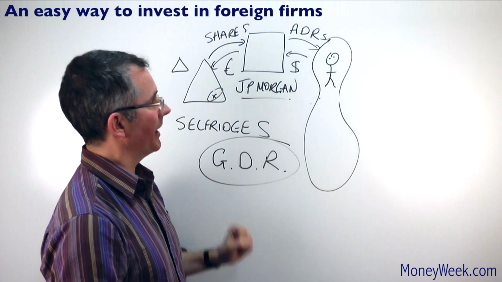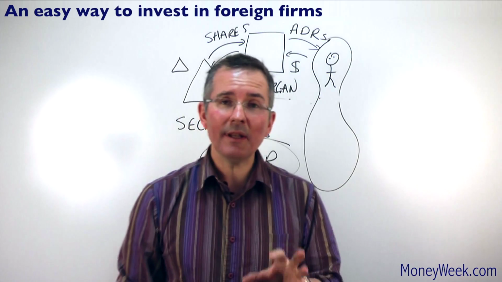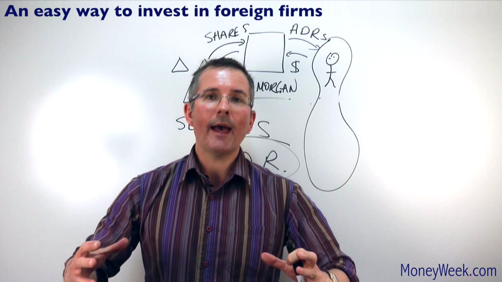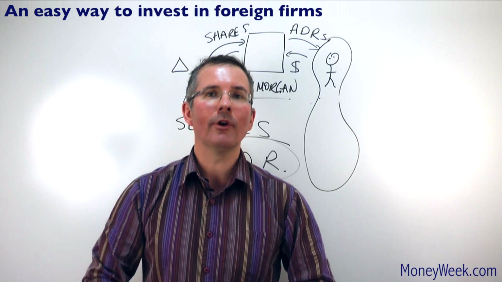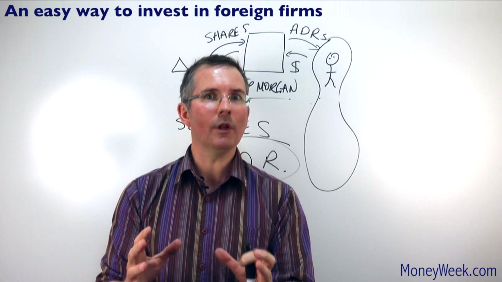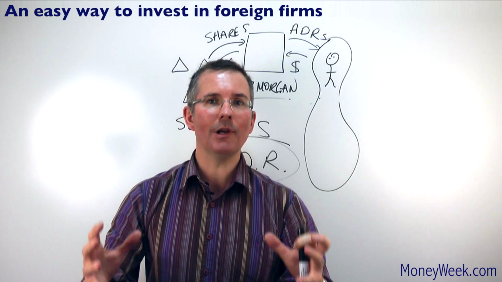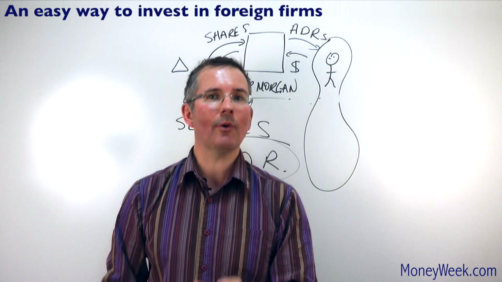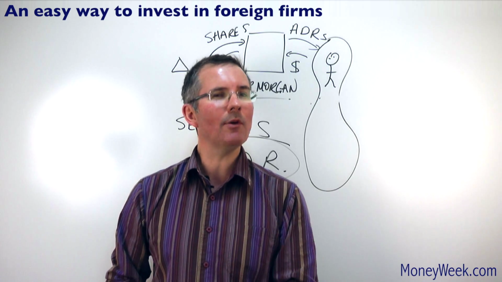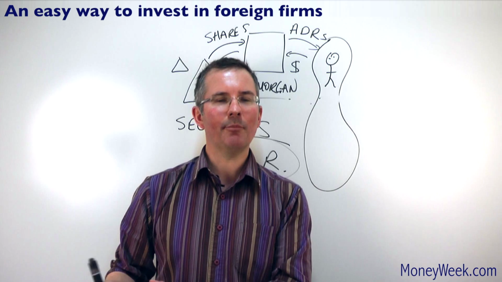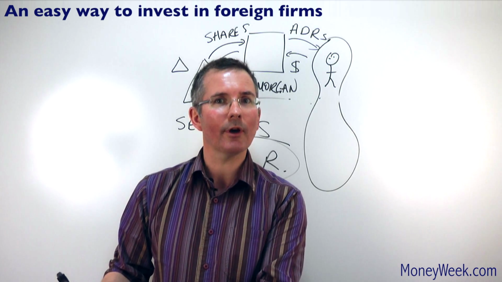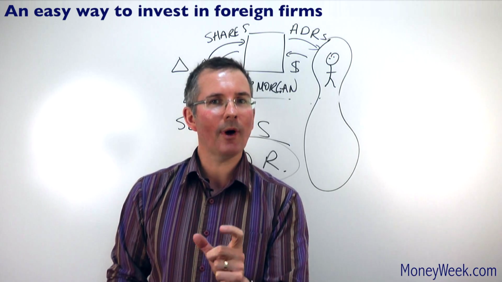And just worth mentioning one of the latest trends: countries where, for example, it's traditionally been difficult for non-institutional or non-local investors to get access. I'm thinking of emerging markets here. Depository receipts are quite useful because, if a local government imposes rules saying only certain types of investor are allowed to buy shares and hold them in our local market, then depository receipts can be quite a neat way around that.